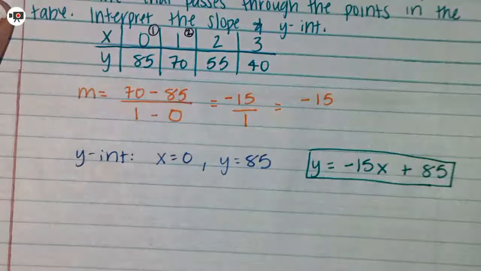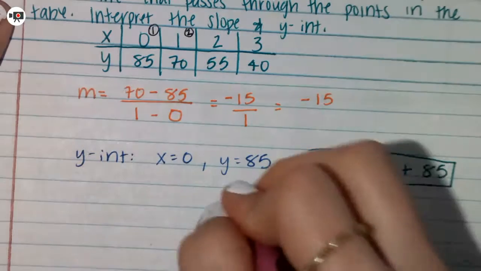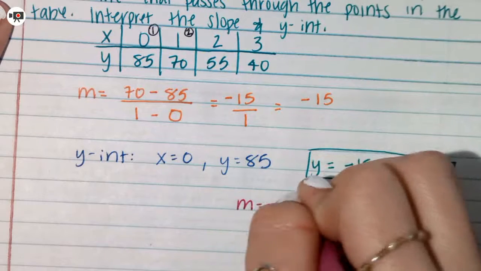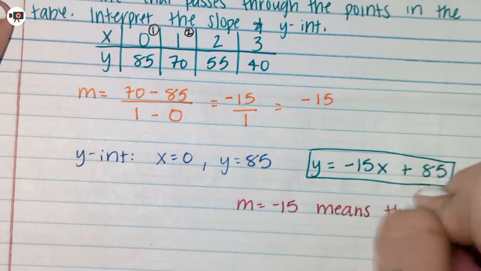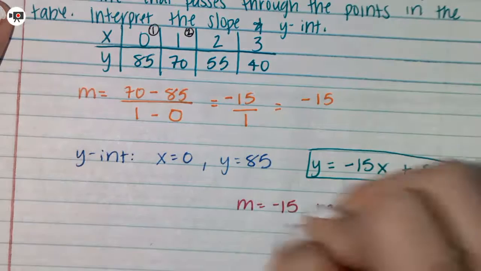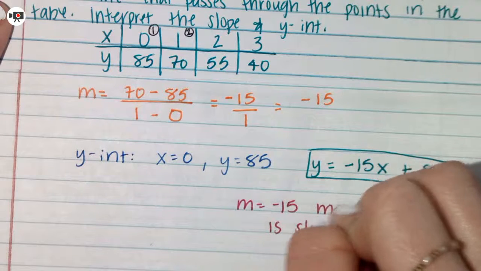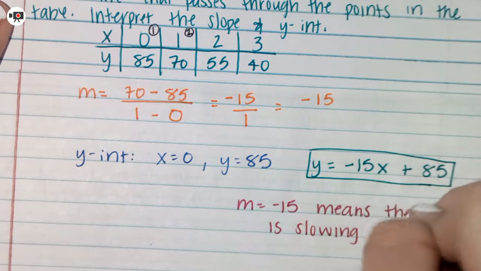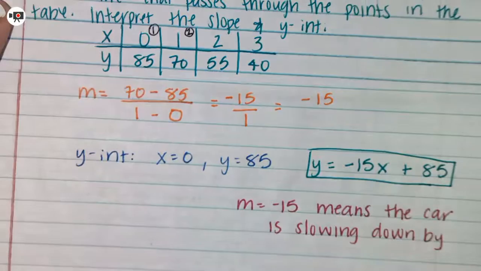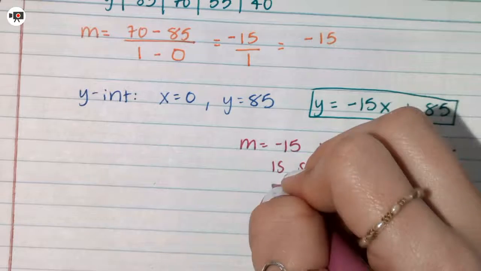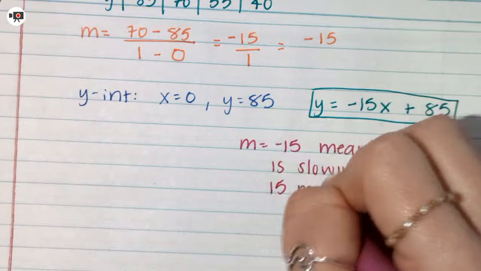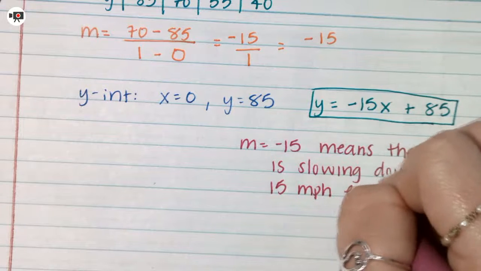I have to interpret the slope and y-intercept. So my slope of negative 15 means that the car is slowing down by 15 miles per hour every second.